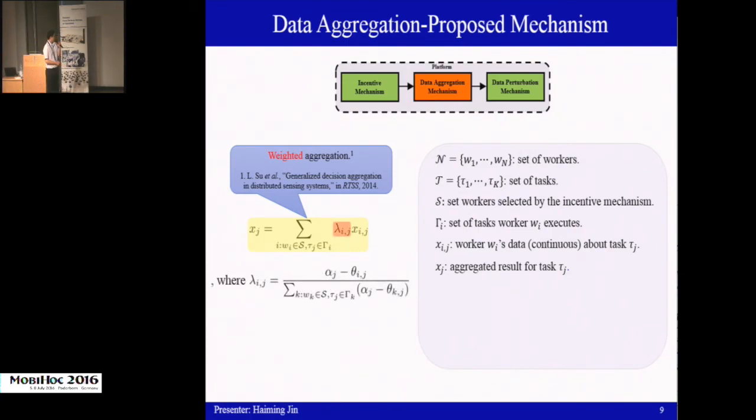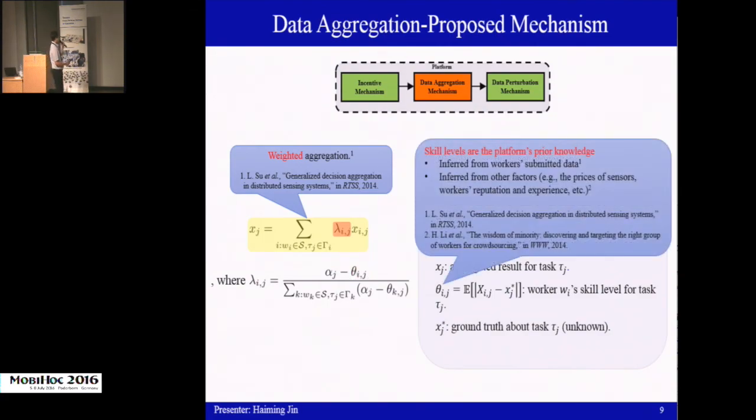In this work, we choose the specific form of lambda_ij to be proportional to alpha_j minus theta_ij, where theta_ij is the worker's skill level for task tau_j, defined as the expected value of the absolute difference between the data provided by worker i on task tau_j and x_j star, where x_j star is the ground truth about task tau_j, which is unknown to the platform and the workers.